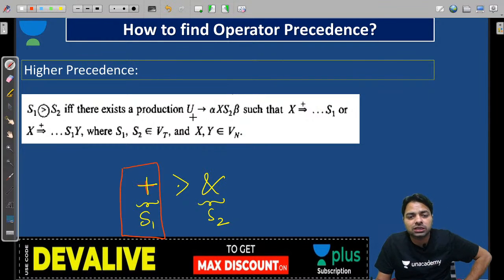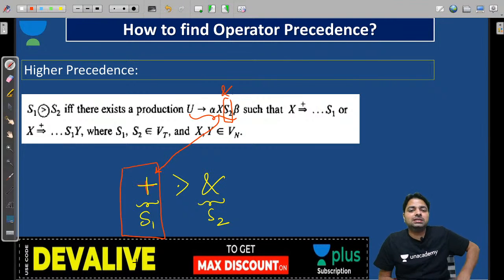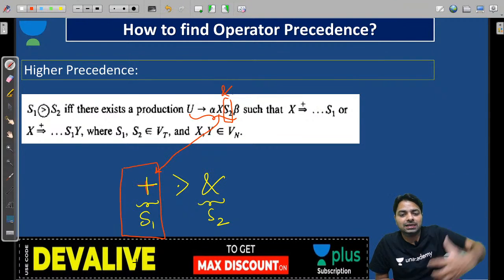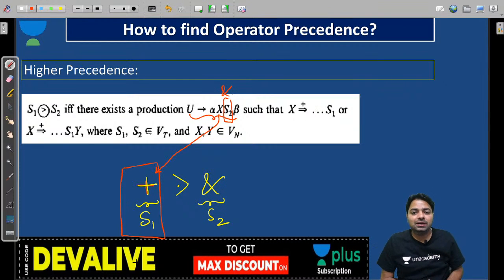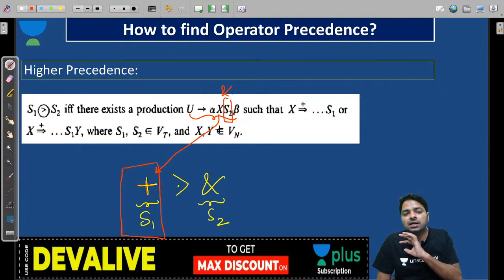There is a production in the grammar. Here S2 is already there. Assume that the ampersand is there. So X will try to derive this plus. That means plus has more precedence than ampersand. And remember that when X derives something, between plus and ampersand there should be only one symbol, not more than one.